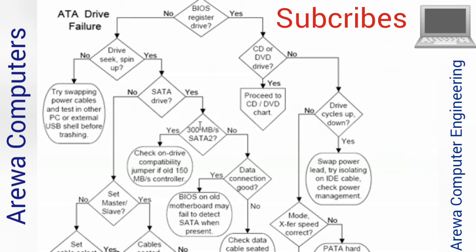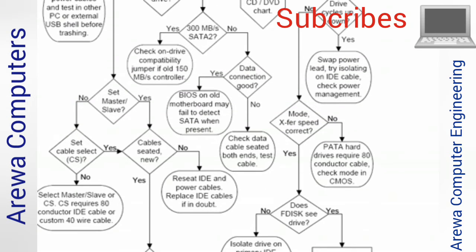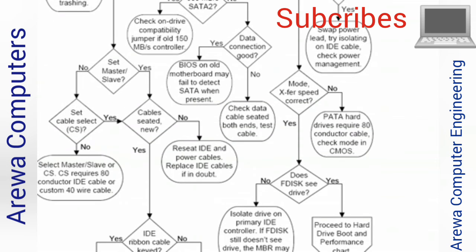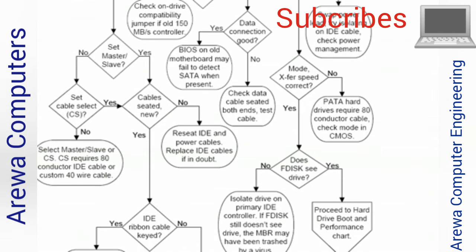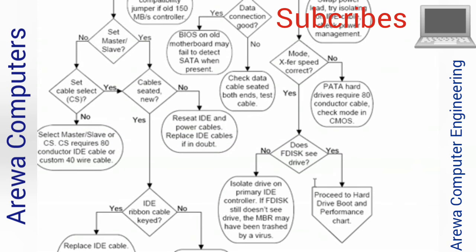Now, the idea with the flowchart is to cover enough data points, enough decision points on the flowchart to be of use in troubleshooting without sending you off to another flowchart every 2 minutes. In this case, we have two transfer points on the flowchart. One is if you get all the way down here and we haven't figured out the problem yet, we assume that it's a problem with drive performance or with booting.